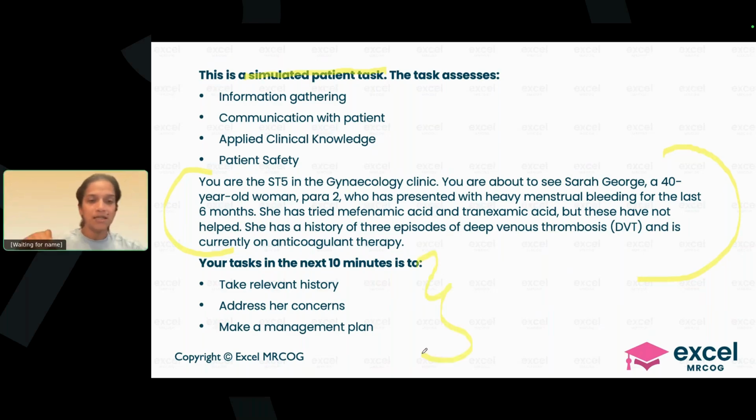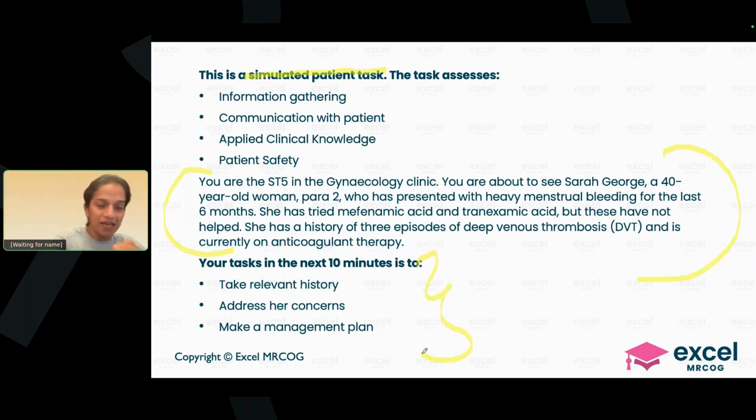All right, the task. What have they asked you to do? For example, if it's a simulated patient task, usually what is asked is take history, address her concerns, and make a plan. Sometimes it is a simulated patient task, core surgical module. They will ask you, say, take consent for forceps delivery. You're shifting her to the theater for a mid-cavity forceps.